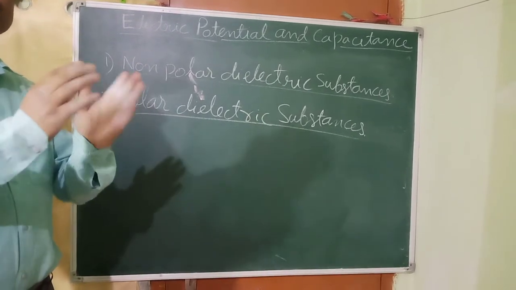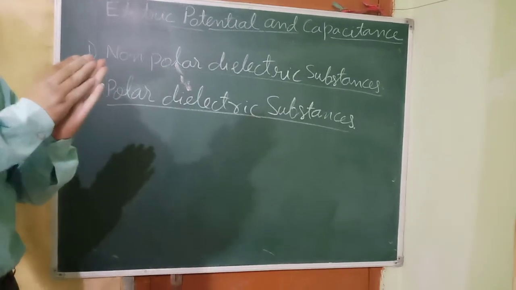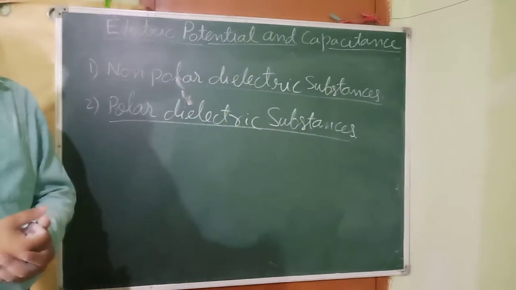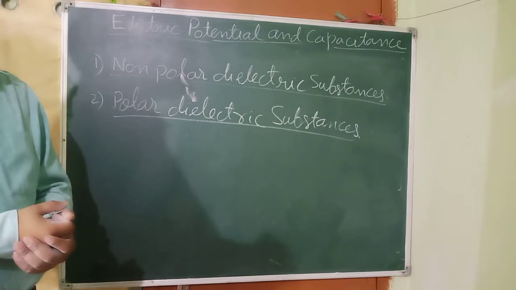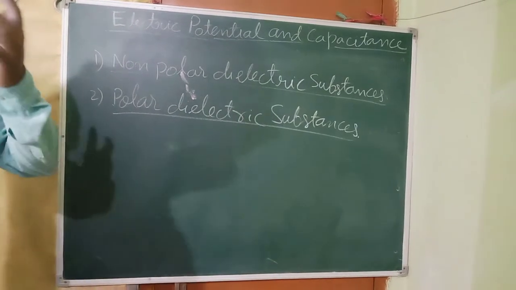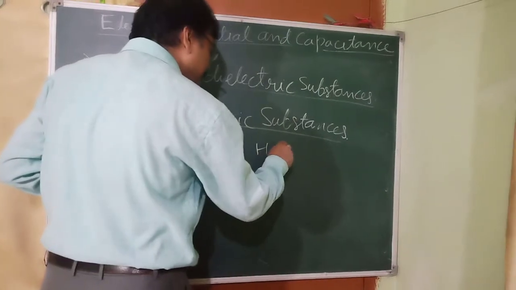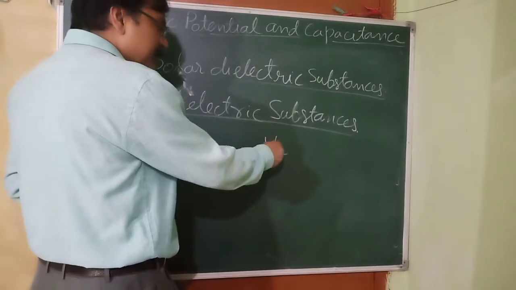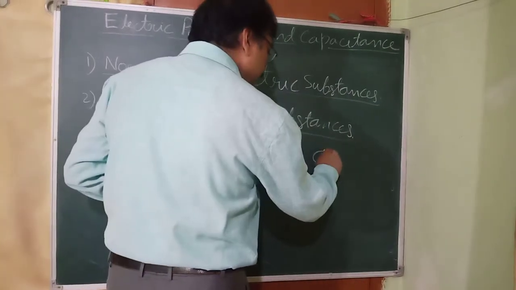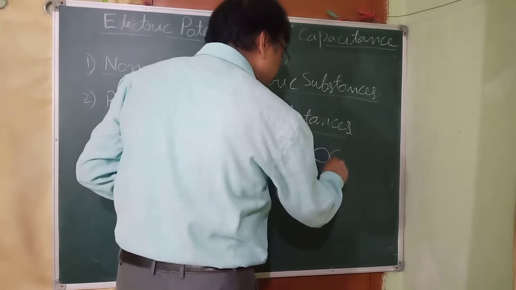Why? Because the center of mass of positive charge and negative charge is coinciding, so they will not behave as an electric dipole. Now see, what are the examples? Let me give you an example. Let's see H2. When you see the molecule of H2, what will you find? Suppose this is H and this is H.